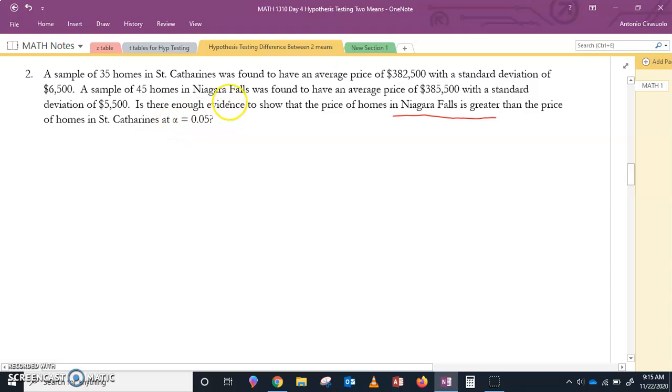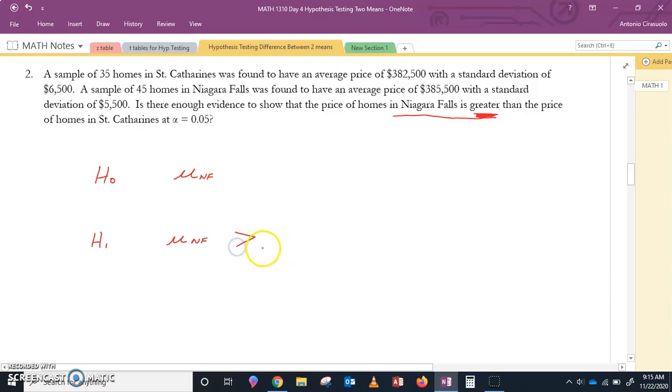And first thing we're going to do is state the hypotheses. Now, you'll see that there is some direction that is indicated here. So when we write our hypotheses, we have to make sure that we account for the order. So in this case, what we're saying is, is there enough evidence to show that the average price for Niagara Falls is greater than?